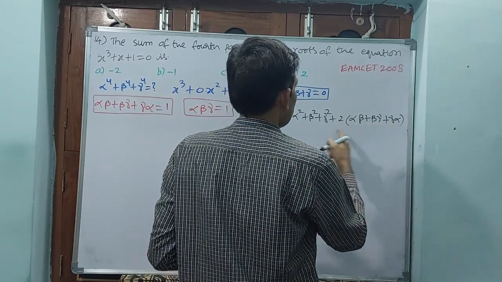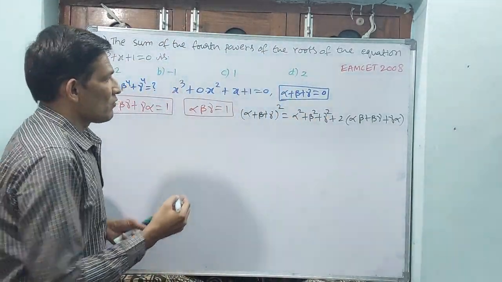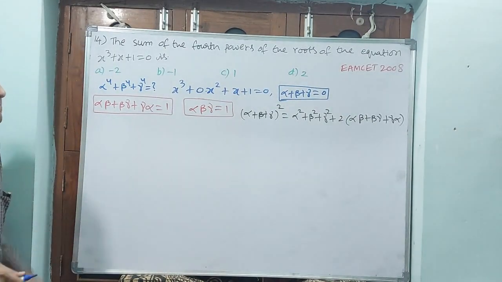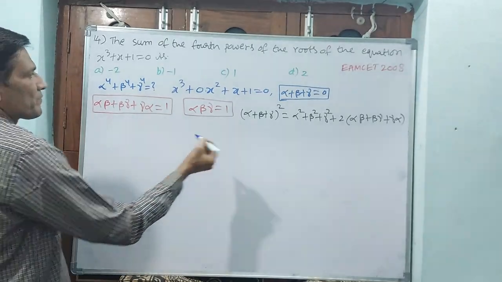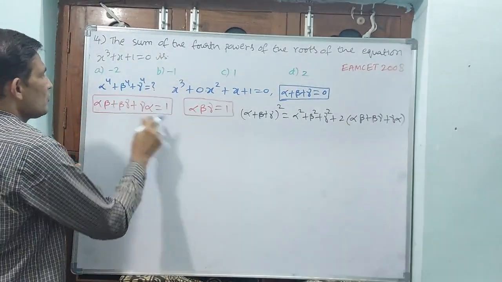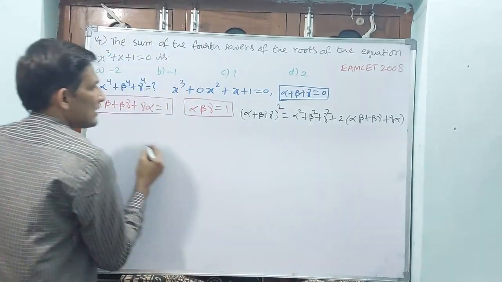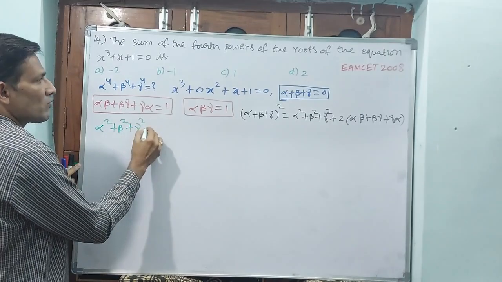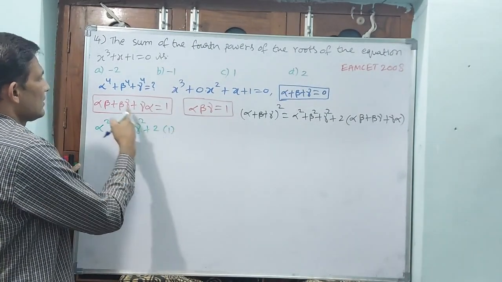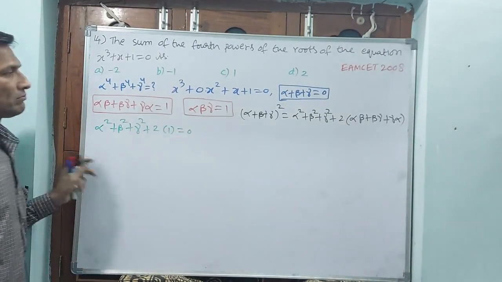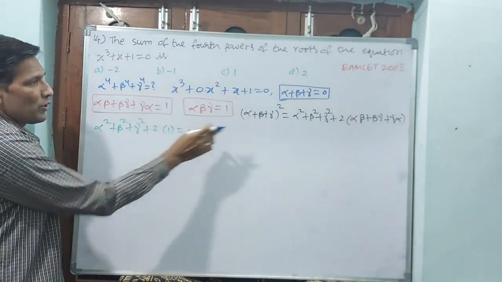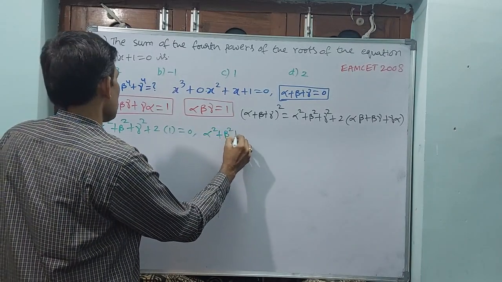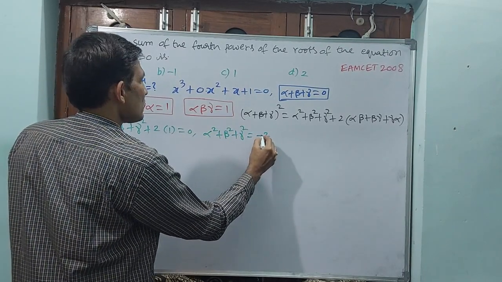See, this is equal to 0, we know. How to write? See what I am writing. This also you are having 1. This is 1. That means alpha square plus beta square plus gamma square plus 2 into 1 is equal to 0. That means you can write alpha square plus beta square plus gamma square is equal to minus 2. Shall I write like this?